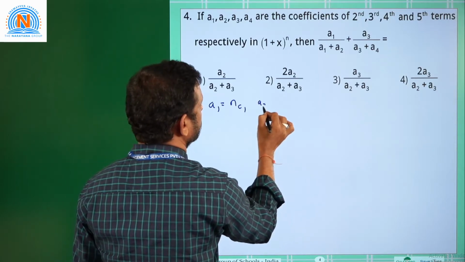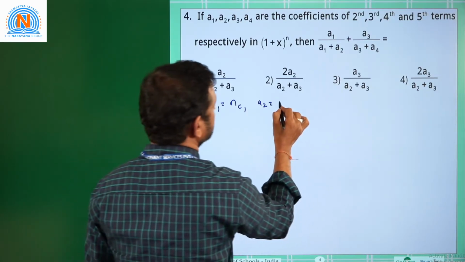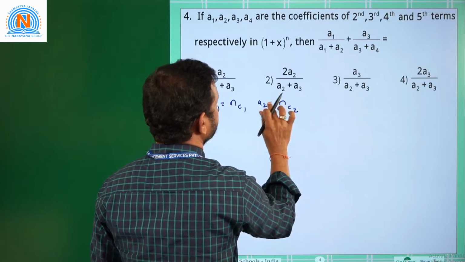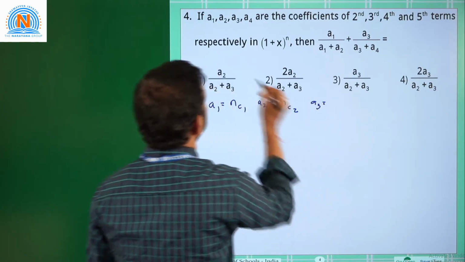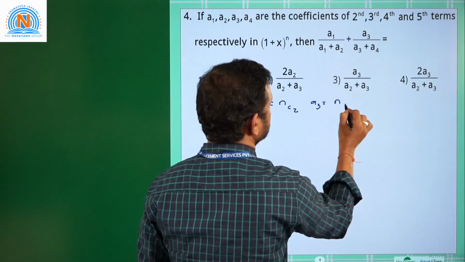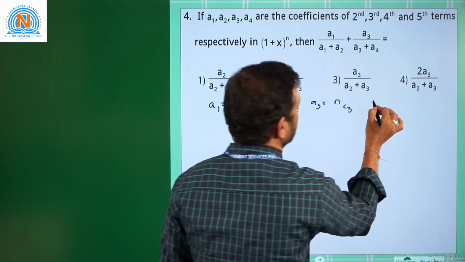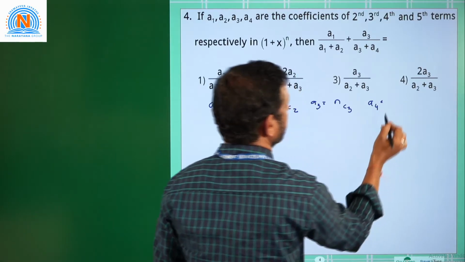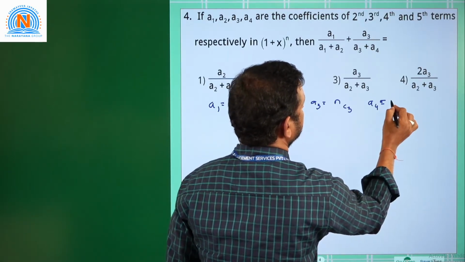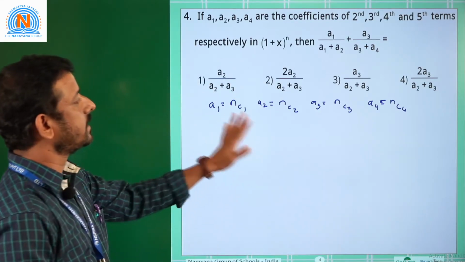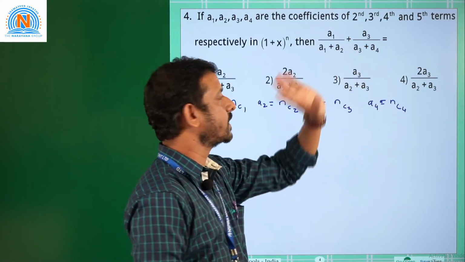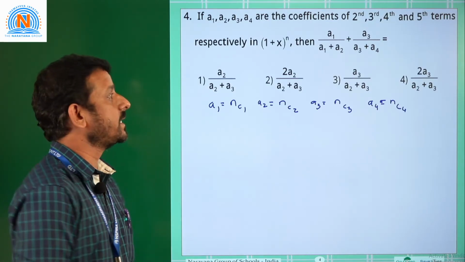A2 is the third term, which is nC2. A3 is our fourth term, nC3. And A4 is the fifth term, nC4. Now we have nC1, nC2, nC3 and nC4 in place of A1, A2, A3 and A4.